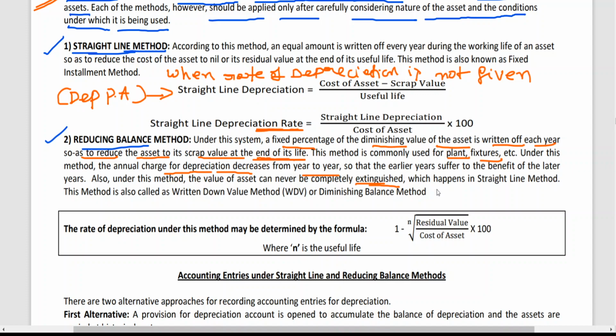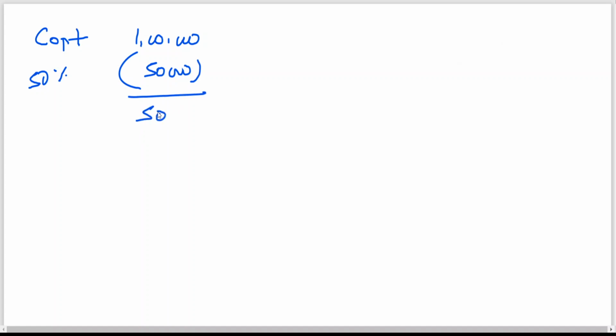Under diminishing balance, let me quickly explain one example. Suppose 1 lakh is the cost of the asset. The depreciation is 50%. 50,000 in the first year.